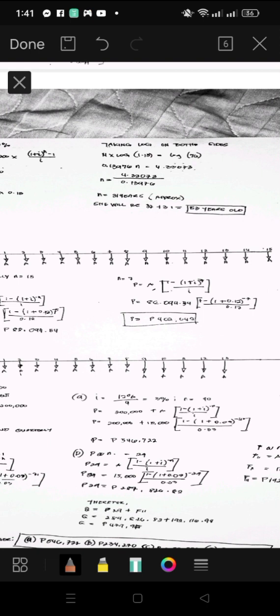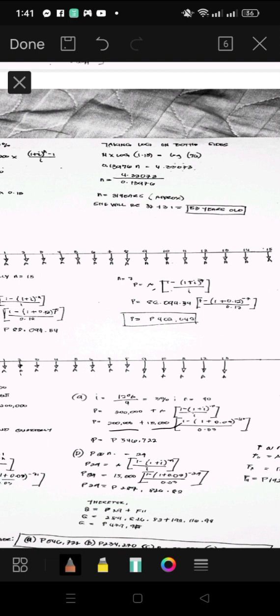So the cash price of the lot is 546,722.